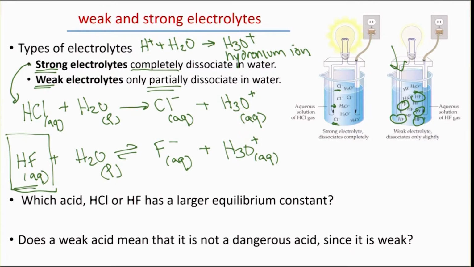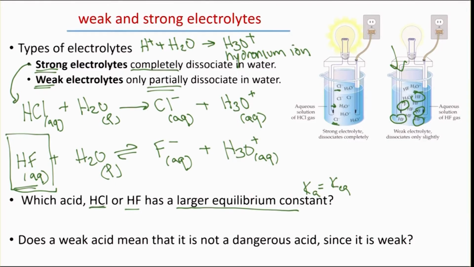Now, just based on that, since we were just talking about which one lies to the left and to the right, you should be able to tell me which one has a larger equilibrium constant. Oftentimes when we're talking about acids, we'd be talking about the equilibrium constant of acids. So for acids, which one is larger?